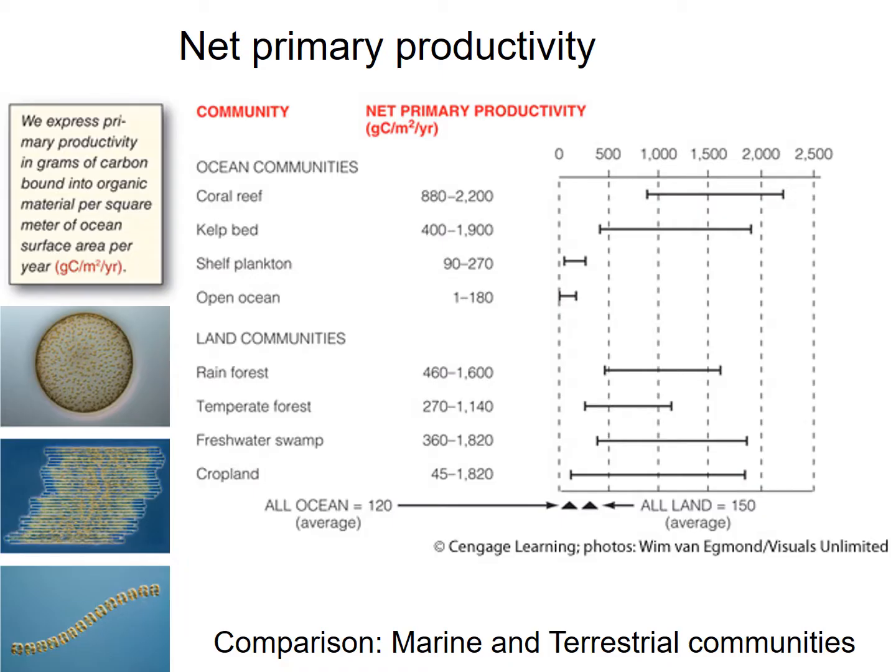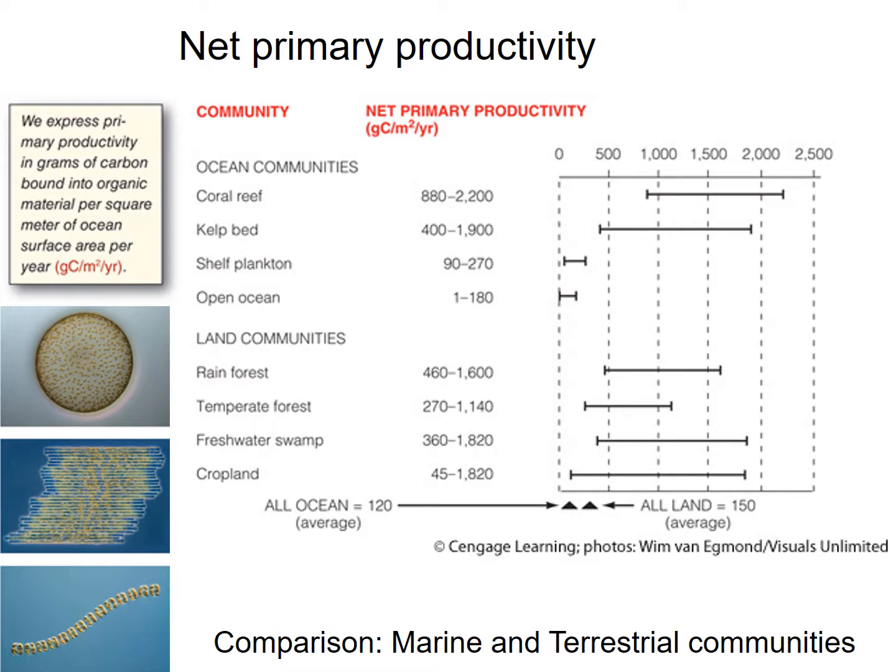And here I want to show you the importance of marine communities in the role of net primary productivity. So in the ocean communities, coral reefs are the most productive ecosystem, followed by kelp beds. You can see the plankton over the continental shelf is much less.